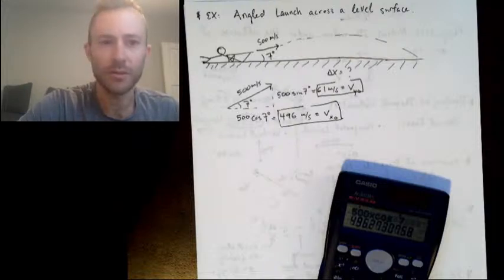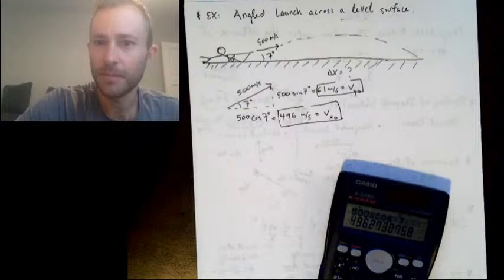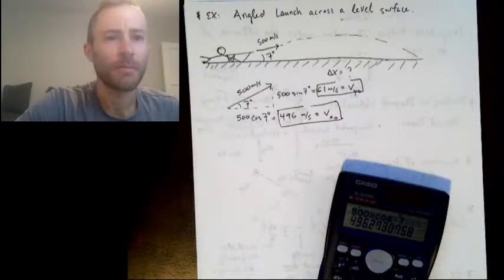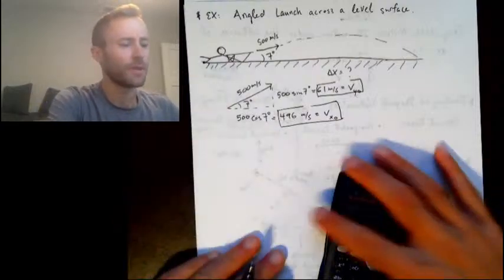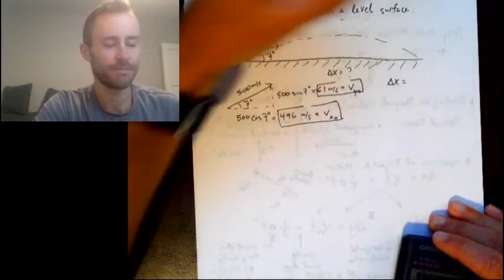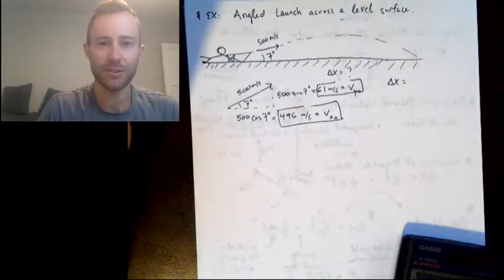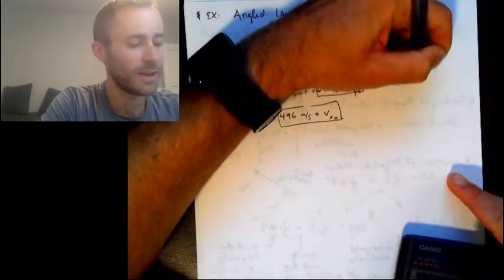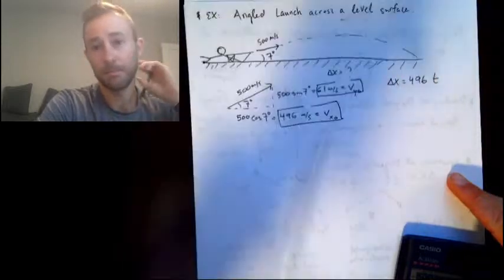Give me 1 second, I need to change a setting on this stream. Okay. So now we will go to our delta x equation, which is Vx naught times time. So that's going to be 496 times time.